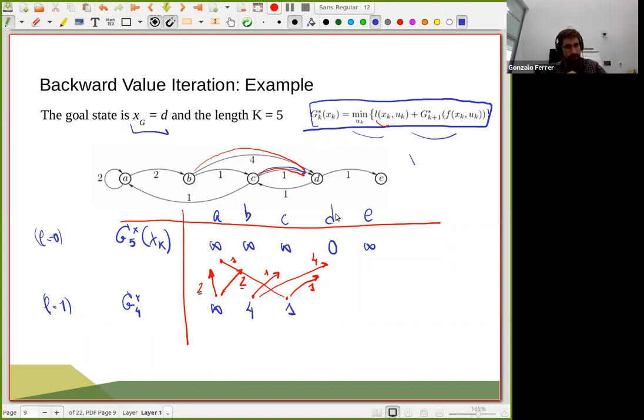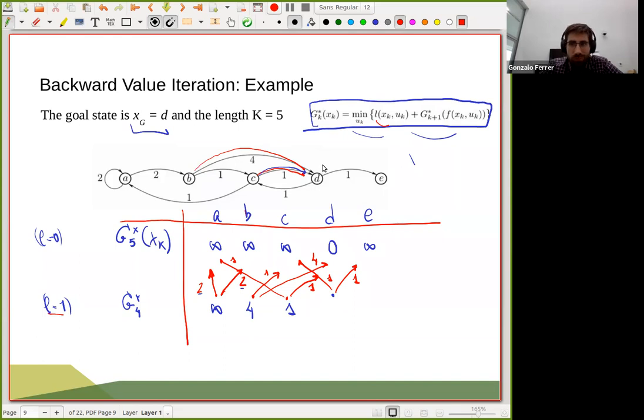This is an interesting case. Just to exemplify things, from D there are two nodes that we can reach. One is E, with cost 1, and the other is C, with cost 1. Maybe some of you are saying, but we are already there, right? But we didn't say anything about stopping for now. So that means that we need trajectories of length 1 at this stage.